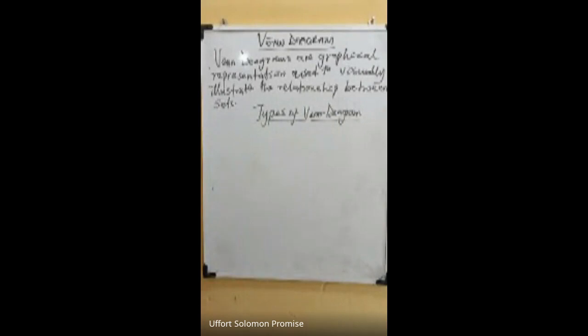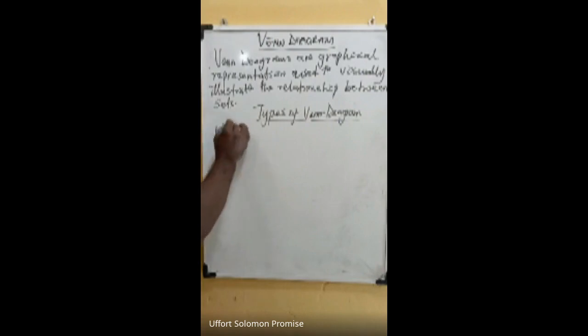We have about 4 to 5 types of Venn diagram, but let me focus on two, in line with what we are learning here. To avoid confusion, you could do extra research on that, though I may mention the other ones.